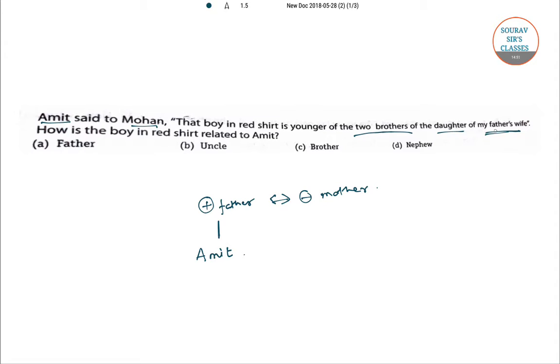Now, daughter of my father's wife, so daughter of Amit's mother would be Amit's sister. Now, younger of the two brothers of Amit's sister. So Amit's sister's two brothers. Amit's sister would have two brothers.